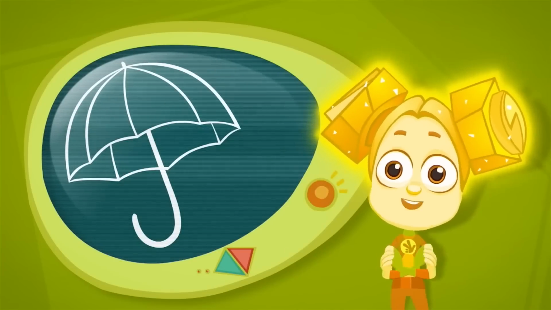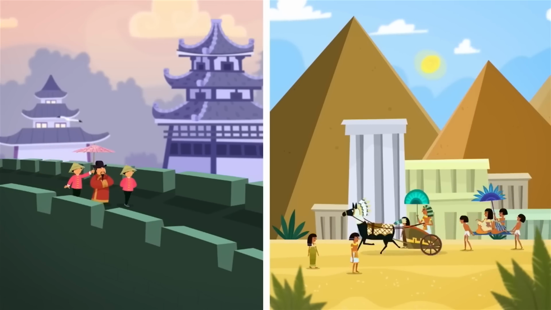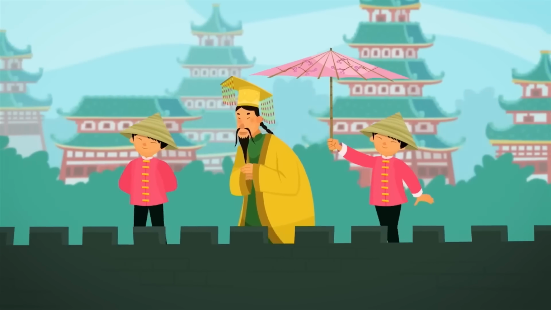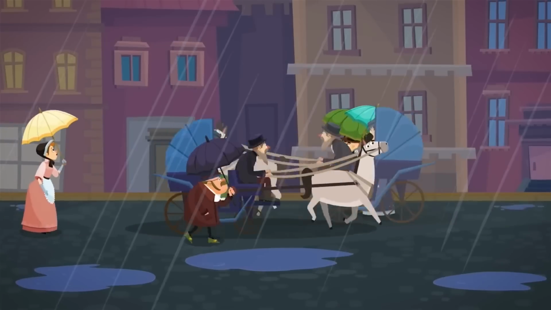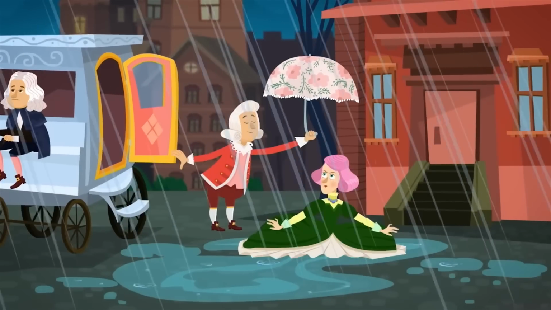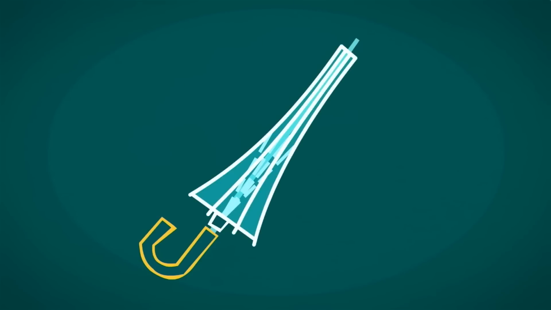Umbrellas are an ancient invention. They're almost 3,000 years old. In China and Egypt, umbrellas were made out of leaves, feathers, and paper. Servants carried them over their kings to protect them from the hot sun. When umbrellas became fashionable in Europe, people started using them as cover from rain. The most convenient are folding umbrellas. Their design is simple. The edge of the fabric is attached to ribs.